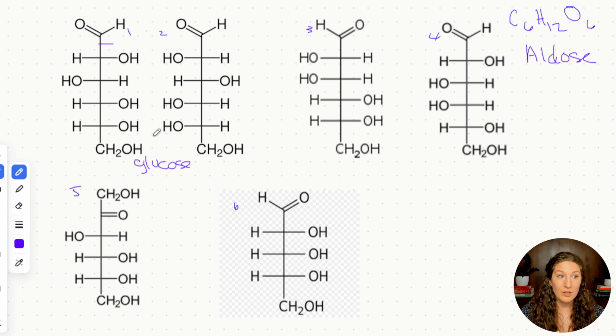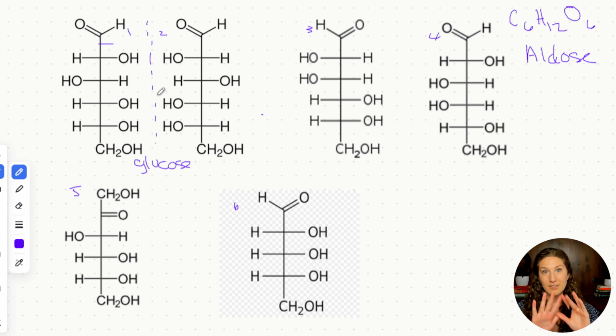Now I want you to look at these. These are both glucoses, all right? They both have an orientation where we have 3 hydroxy groups on one side and 1 on the other. My mnemonic here is 3 and 1 for my glucoses, but they are different, right? If we look at them, each chiral carbon, carbons 2 through 5, are exactly flipped. See how the OH is on the right here, left here, right? Hydrogen left and right here. So these guys are exactly flipped.